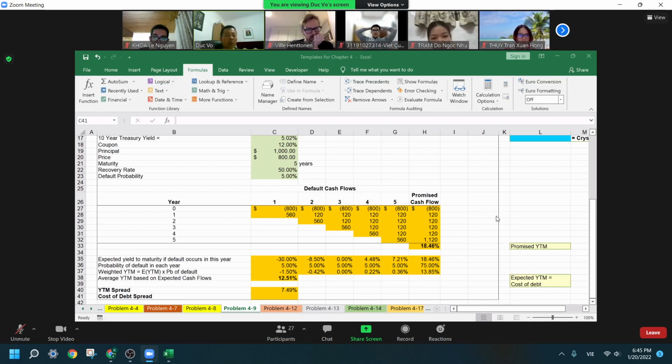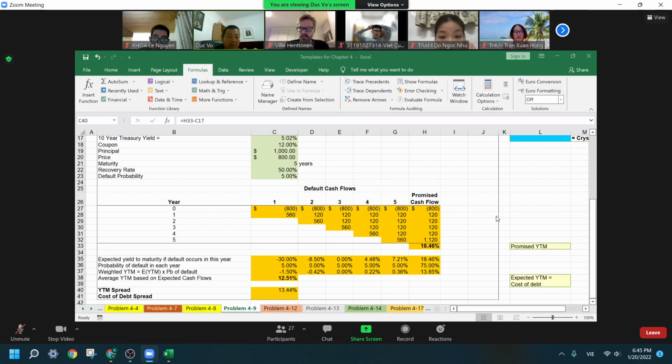I think I put it in the wrong spot, because if you look for the YTM, then it should not be this one. Your YTM is 18.46 minus the risk-free rate of 5.02, so you get 13.44.